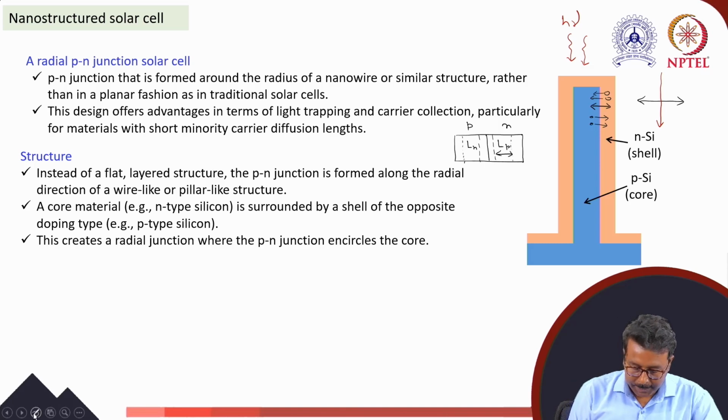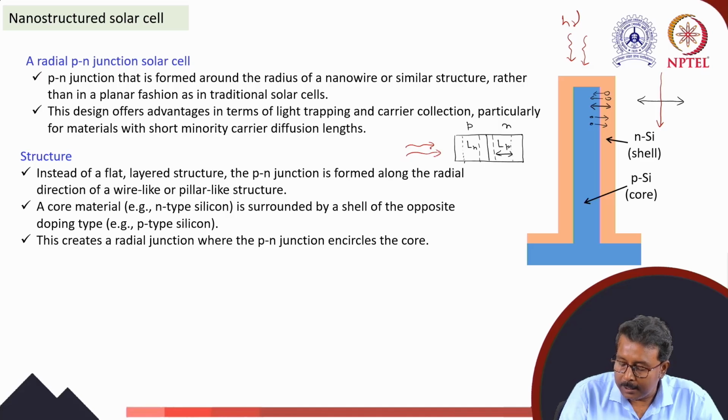Light is also propagating from left to right. So to increase absorption, in this case you have to increase the thickness. But if Lp and Ln are small, there is no usefulness in increasing thickness beyond Lp and Ln.